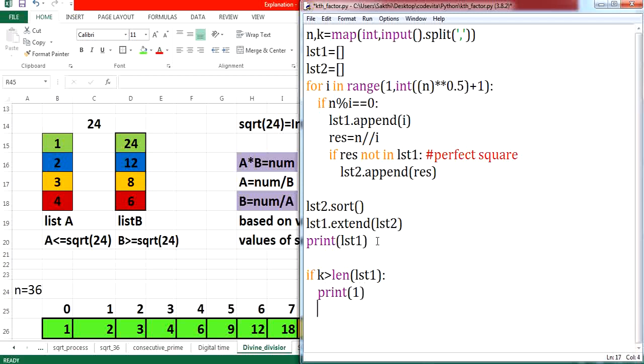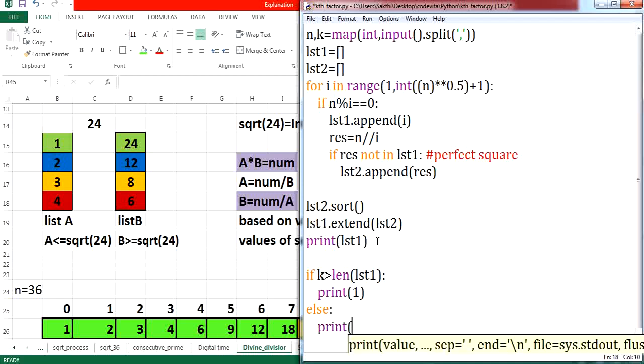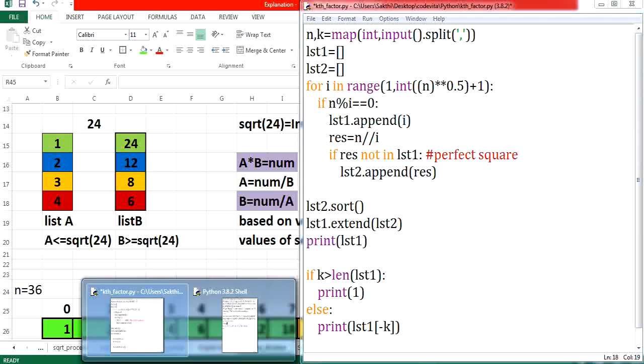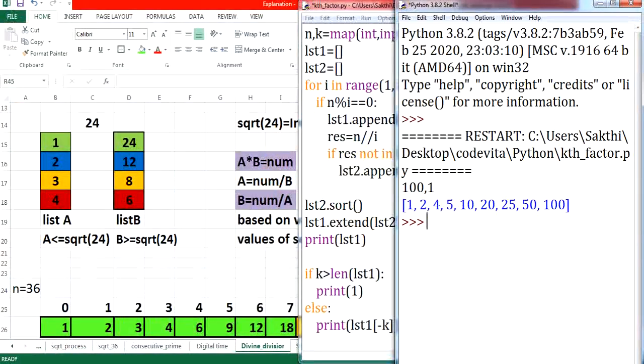If your condition is exceeded, else I am supposed to print the concerned highest factor, right? So, let me mention list 1 of index value, let me mention minus k. As you know, this list can be accessed either by using positive indexing or by using negative indexing. We know that this particular list has how many values? 9 values.